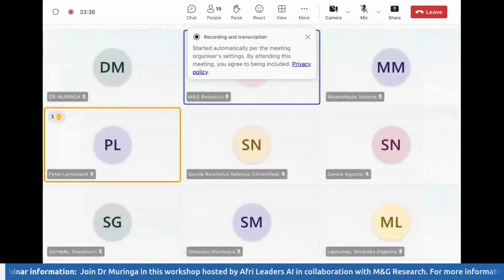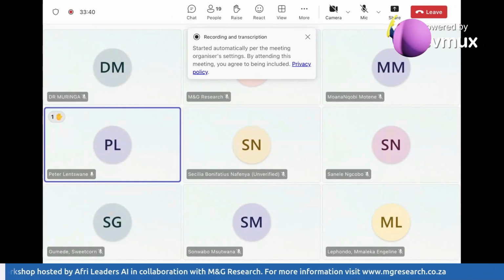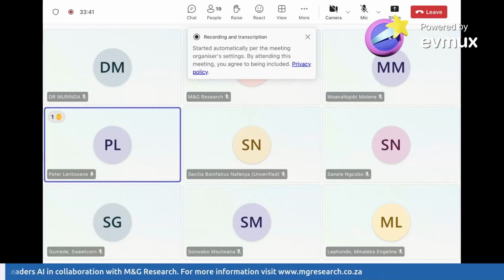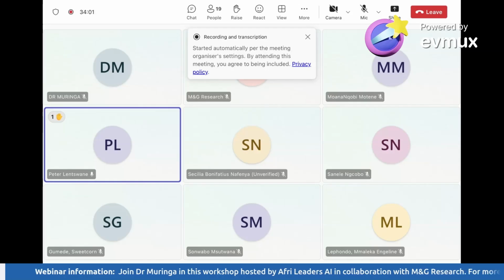Yes, I see there is a hand from Peter. Yes, I just wanted to check. So one can use AI to address any specific challenge in relation to the compilation or development of my research proposal, to the extent that the AI will be in a position to give me some answers.